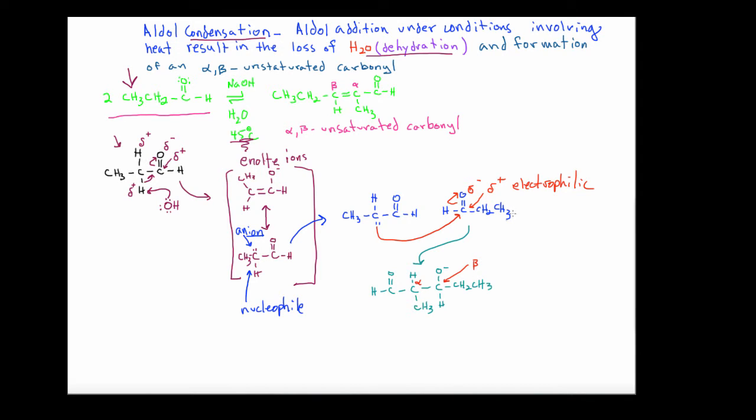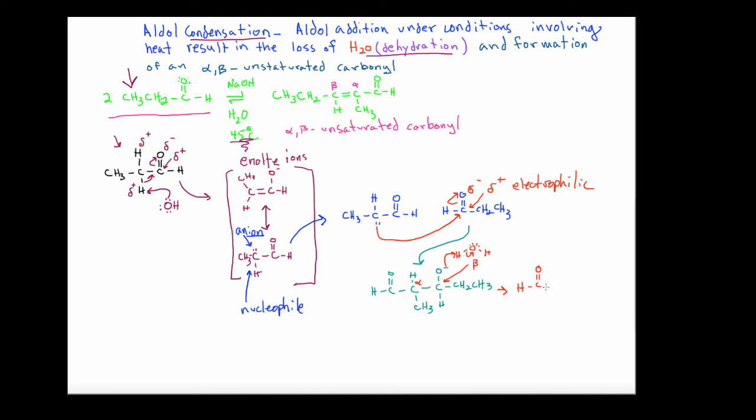And remember, for the addition reaction, we can have a pair of electrons on the enolate oxygen abstract a hydrogen from water, and in that case we're going to end up with our alpha beta hydroxycarbonyl compound.